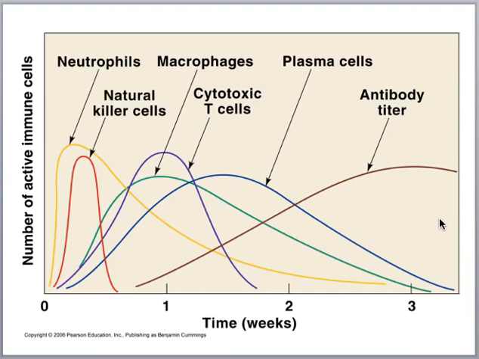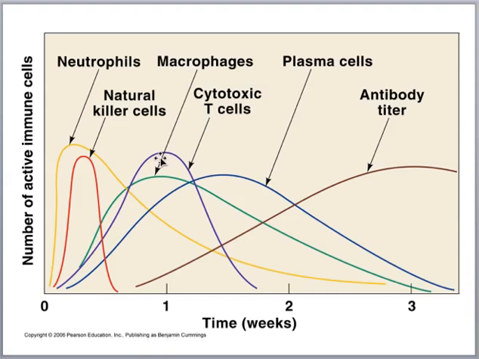And this graph is just showing you in a period of time what happens with respect to your nonspecific immunity and your specific defenses. The little labels are pointing to the different colors, telling you what happens. So this is very helpful, showing you how here you've got your nonspecific defense with your neutrophils, your natural killer cells, your macrophages.